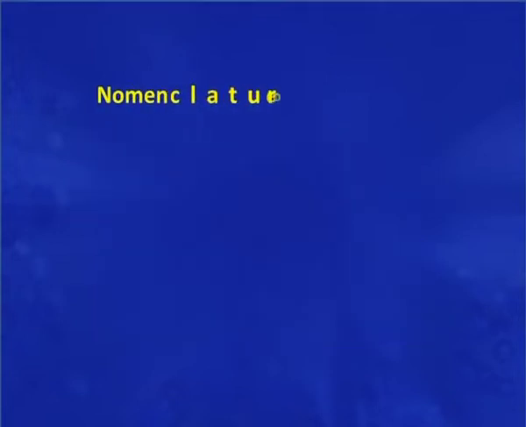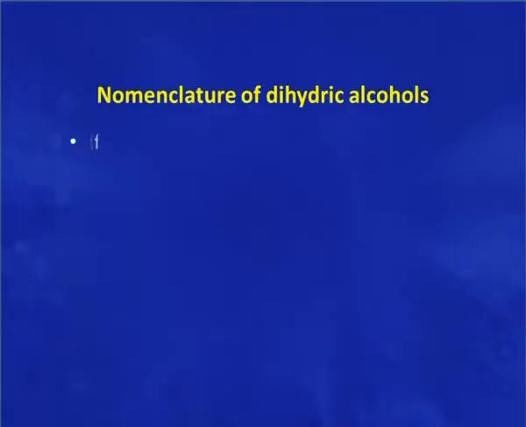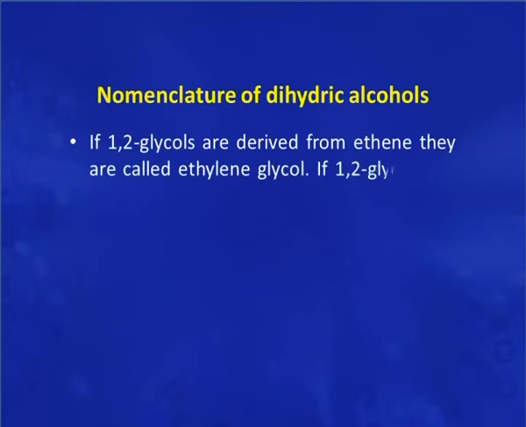We will now discuss the nomenclature of dihydric alcohols. The common names given to the dihydric alcohols are on the basis of alkenes from which they have been derived. For example, 1,2 glycols, if derived from ethene, are called ethylene glycol.